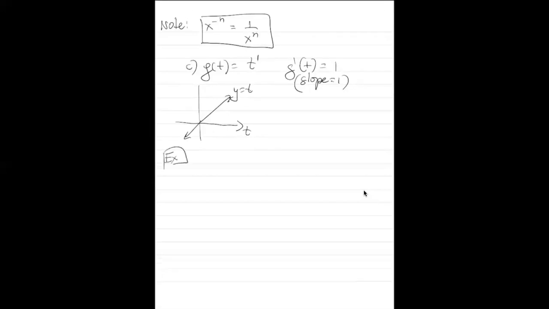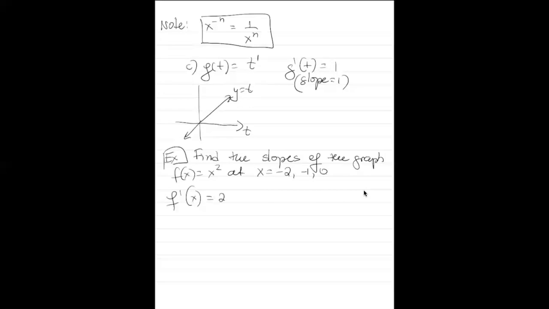find the slopes of the graph f of x equals x squared at x equals negative 2, negative 1, and 0. Now that we have a formula, the derivative is the same as the slope of the tangent line.